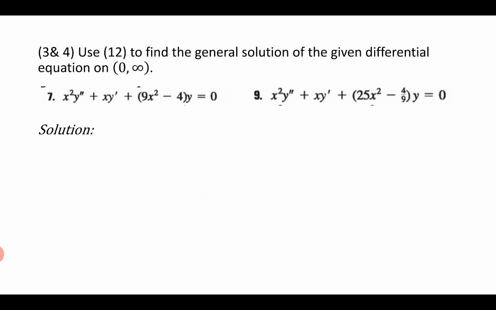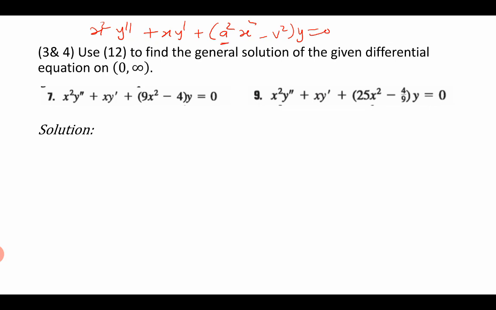Use equation number 12. What is equation number 12? I would like to show you equation number 12 here. It's a general solution. x square y double prime plus xy prime plus (a square x square minus v square) y is equal to 0.